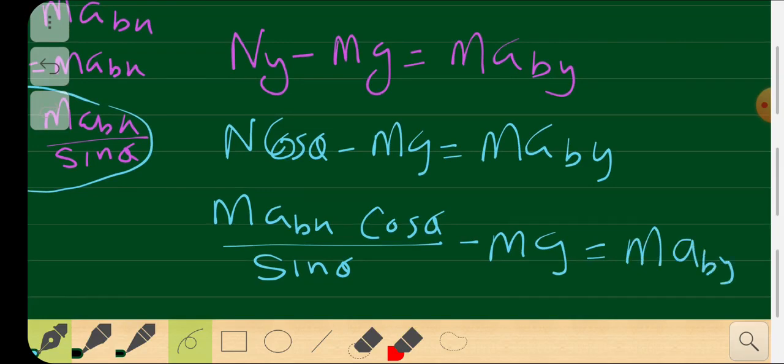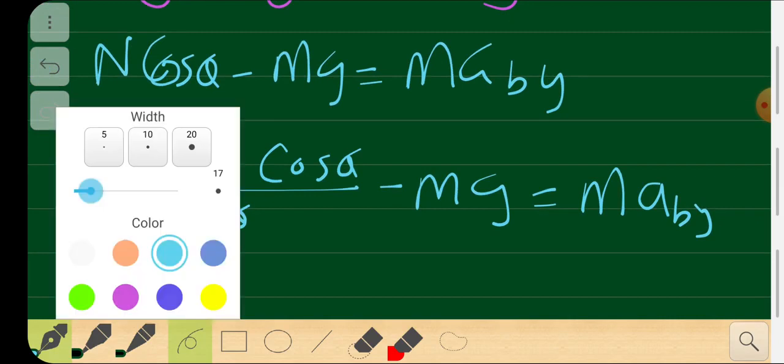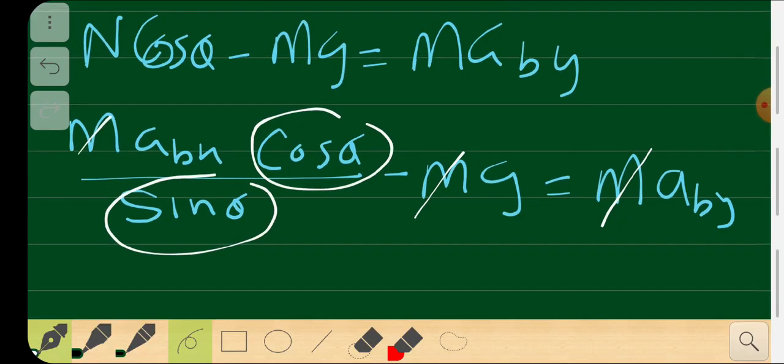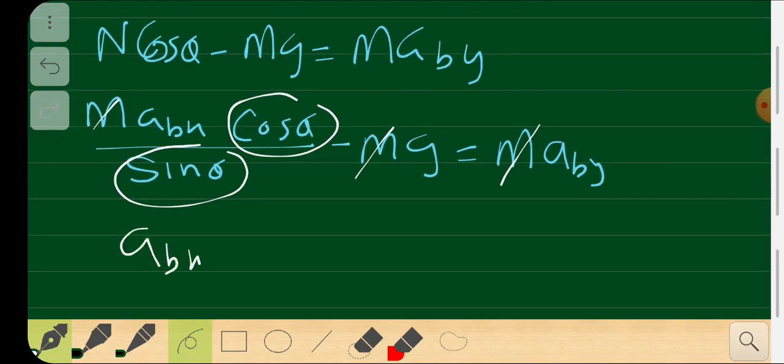So what you can now do is that you can simplify this. m is always there, so m will cancel on all sides, and cos theta by sin theta will be cot theta. So you get abx cot theta minus g is equal to aby.